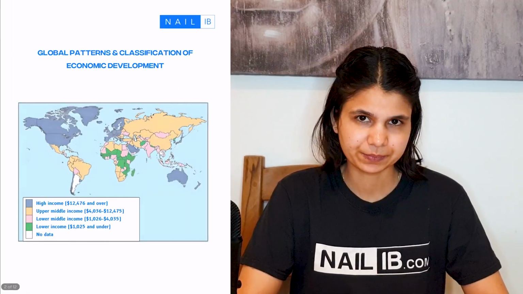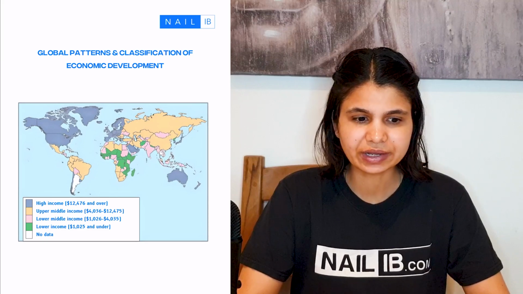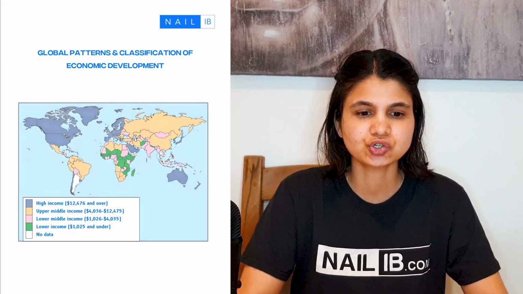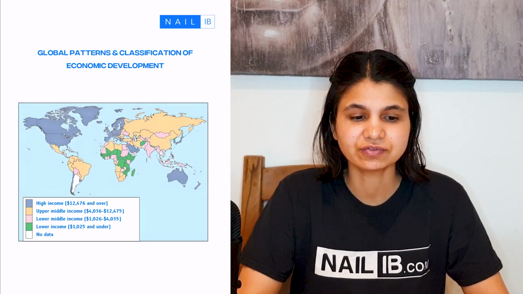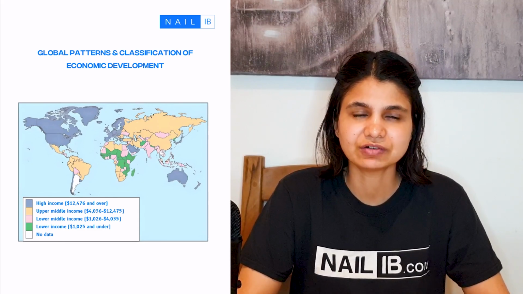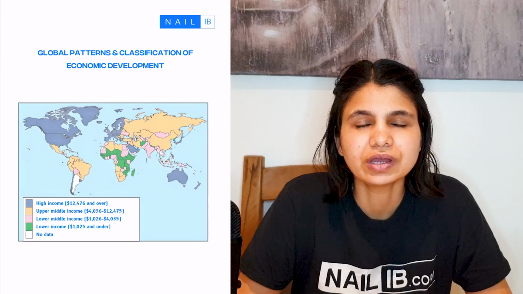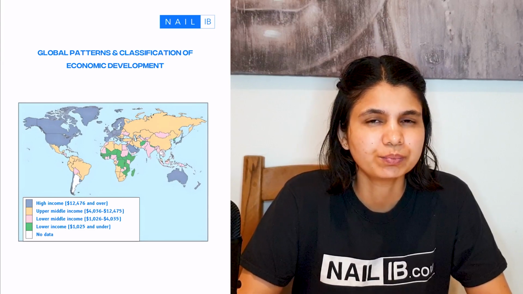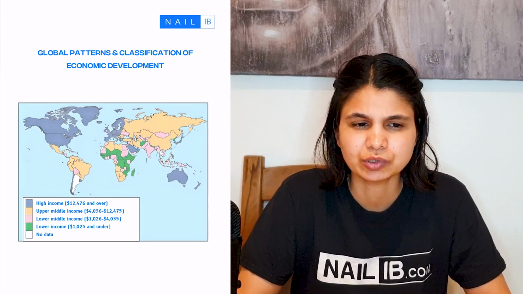Let's look at this map, look at the key, and try and tell yourself, how do these different economic development levels act in terms of population, overpopulation, underpopulation?